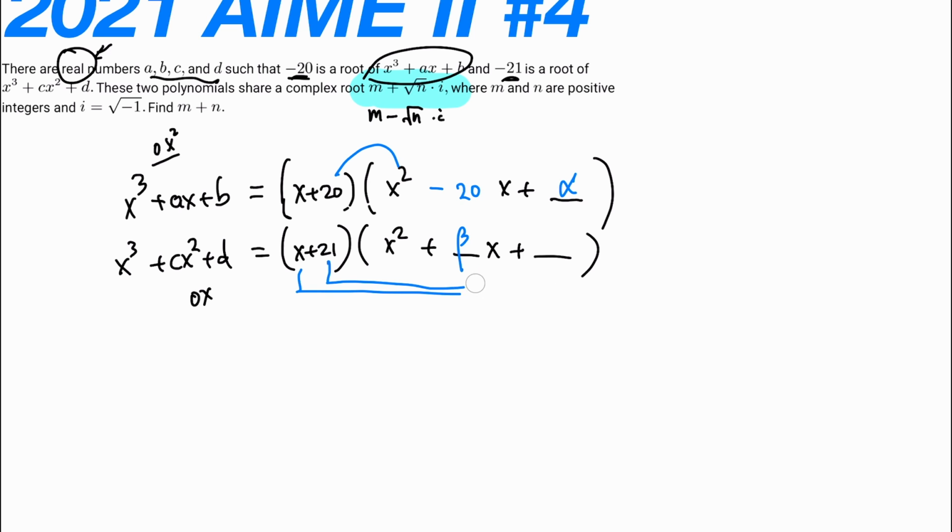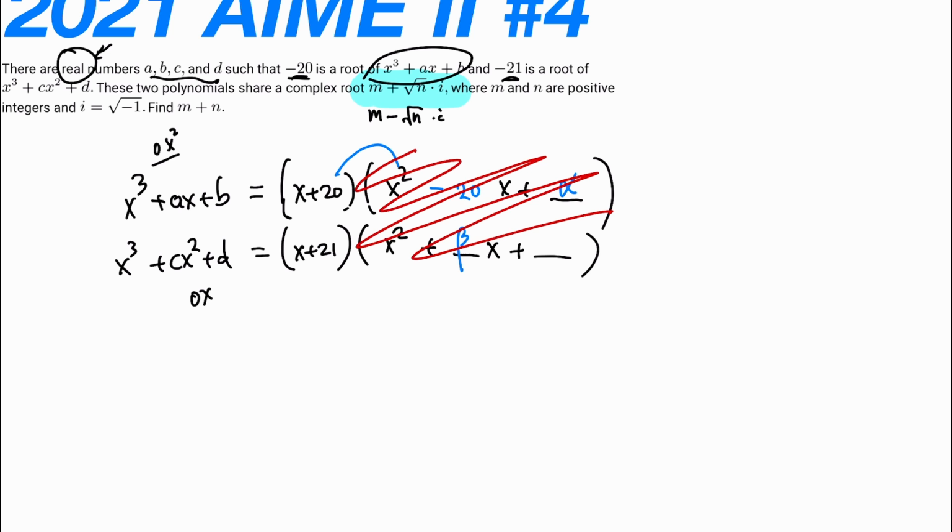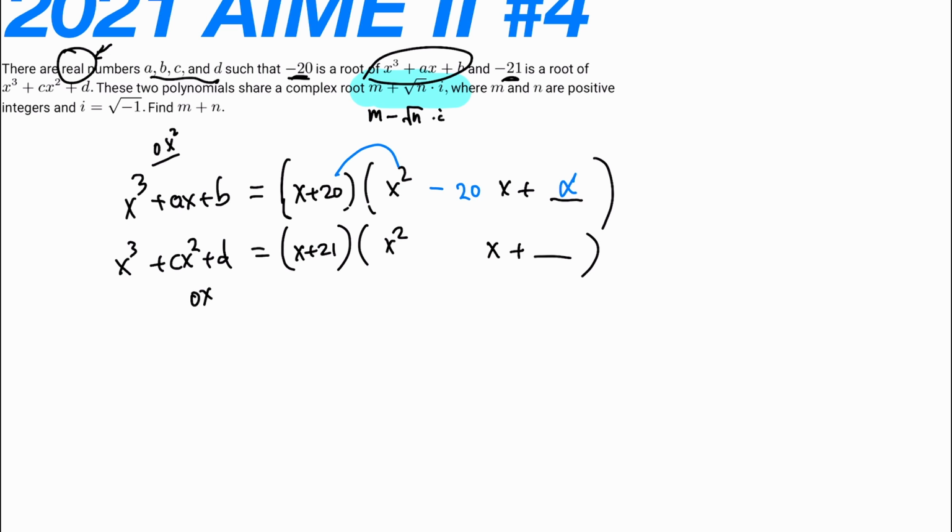So from only the 0x, we don't really know what it is in the quadratic, except that we know both of these are identical, which means that this beta over here is just going to be negative 20.